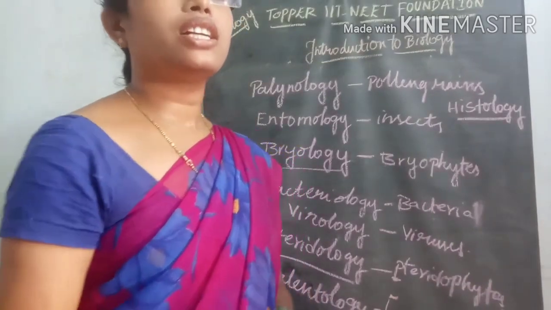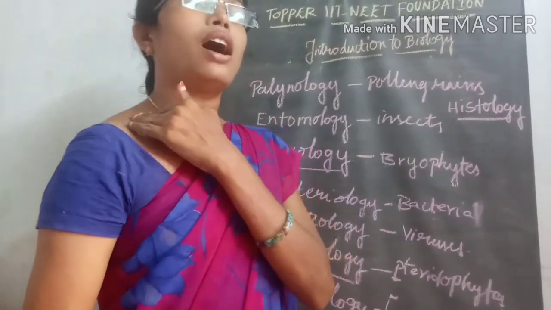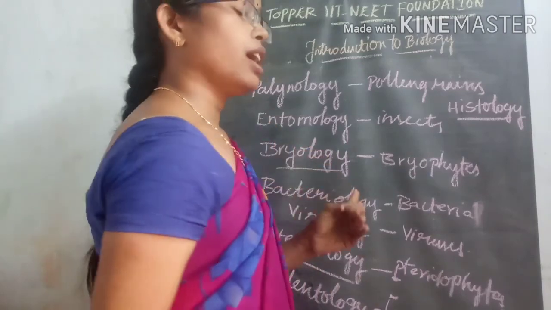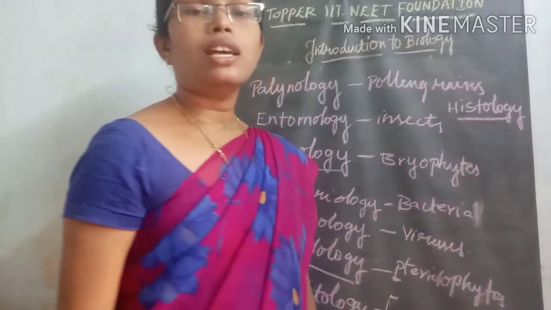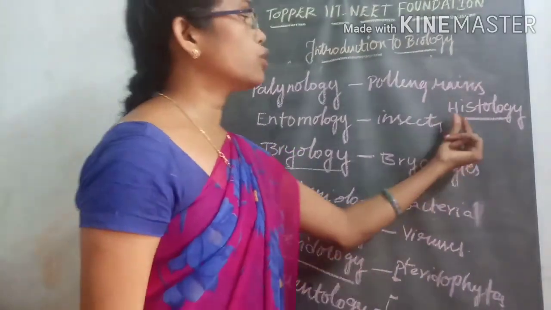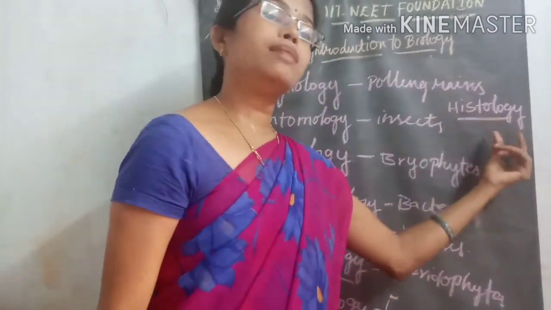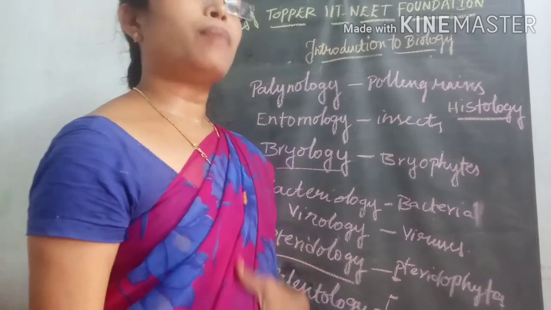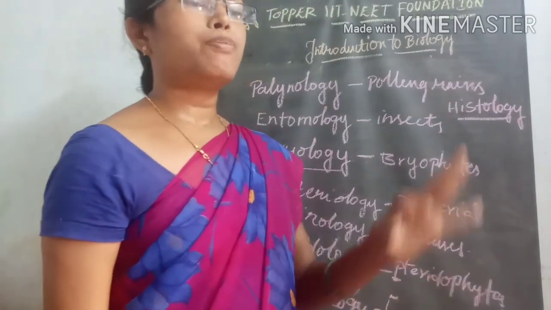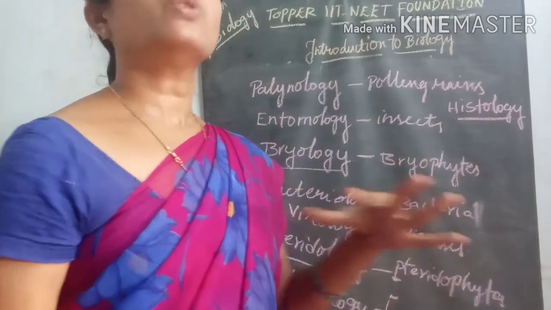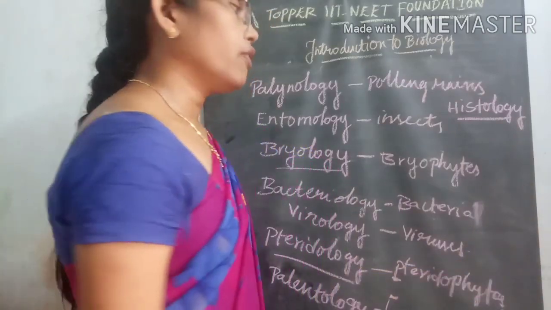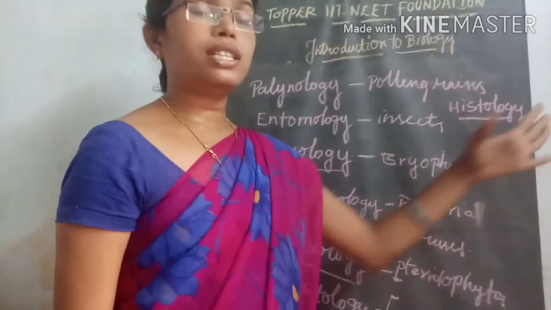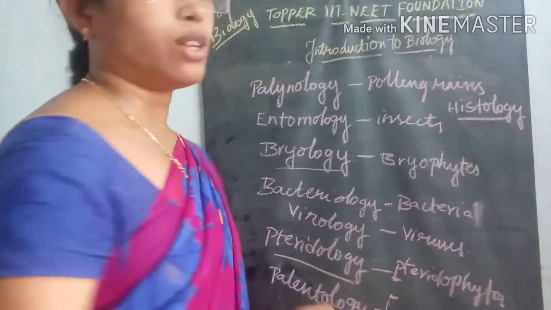Different tissue systems and organs, their microscopic examination, come under histology. Here histo means tissue, logy means study. So microscopically we observe one tissue and how the structure of that particular tissue will be. That we can discuss in the histology topic.